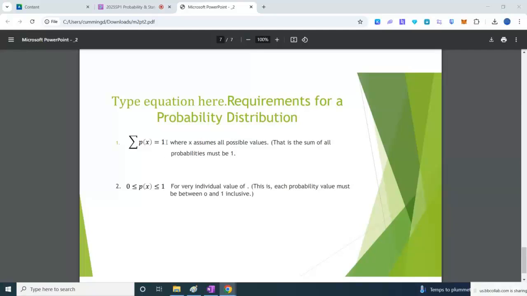But in order for a probability distribution to exist, you must simply add up all the probabilities, and if they equal 1, then it's a probability distribution. The second requirement is that each probability must be between 0 and 1.